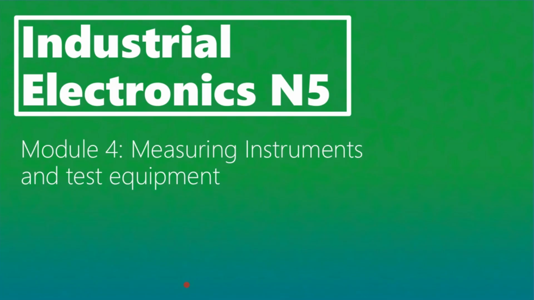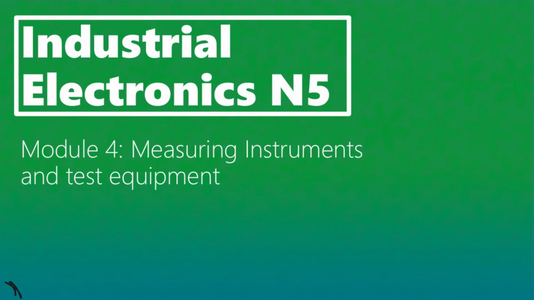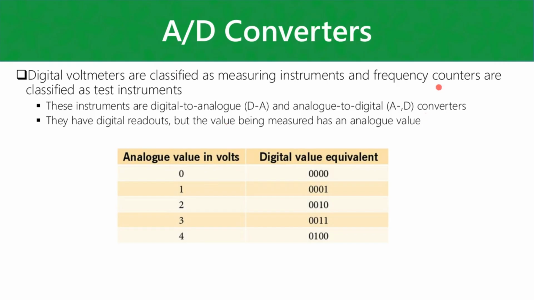All right, okay, you guys will see Module 4 is mainly measuring instruments and test equipment. The focus of Module 4 is going to be mainly on things like analog to digital converters. I'm not going to spend too much time here because I actually want us to spend more time on some other chapters.